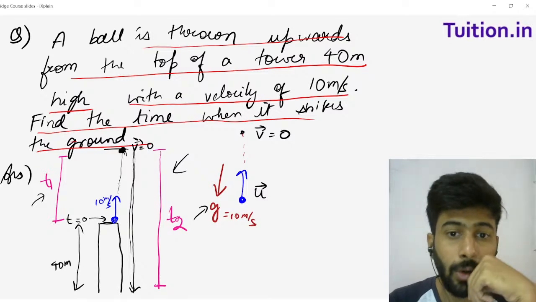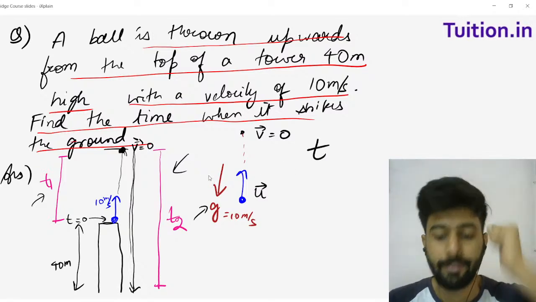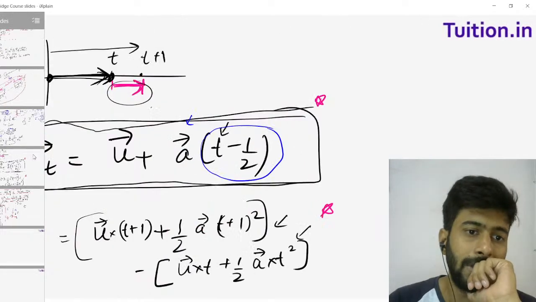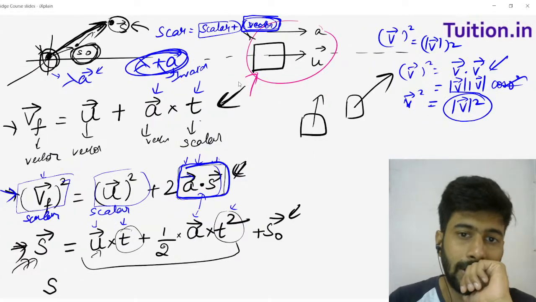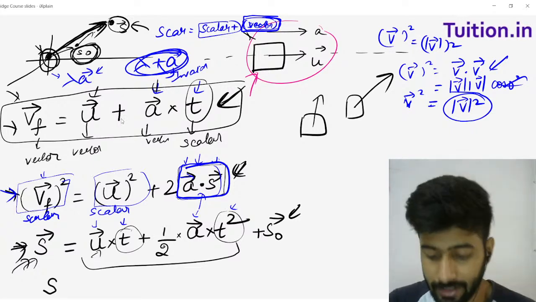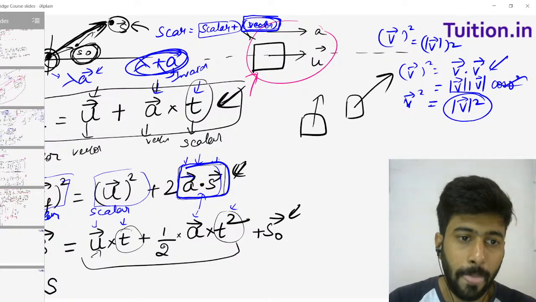I just need the time. So I know v, I know u, I know a, I need time. Which equation should I use? This one, right? Because I know final velocity, initial velocity, and acceleration, I just need this scalar. So let me use this equation now.